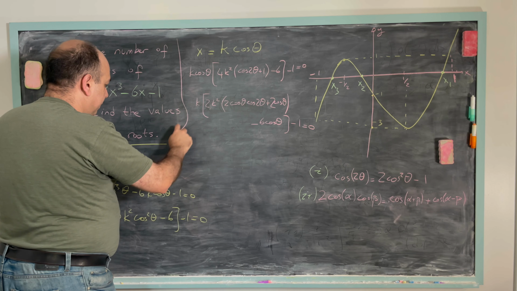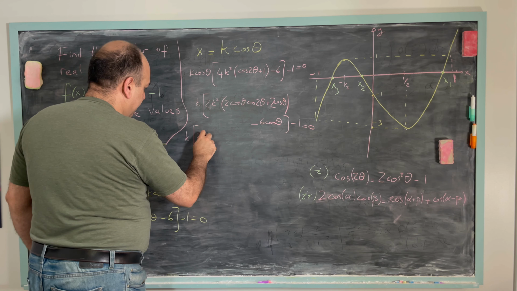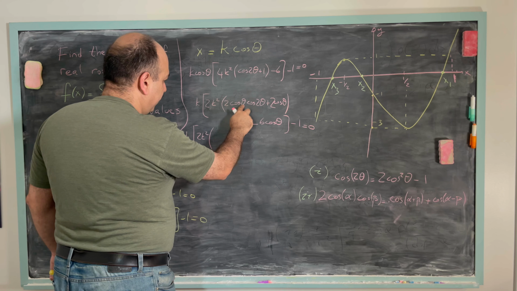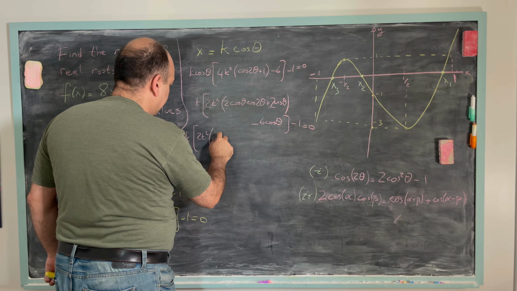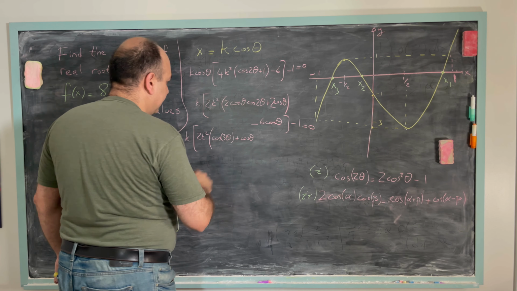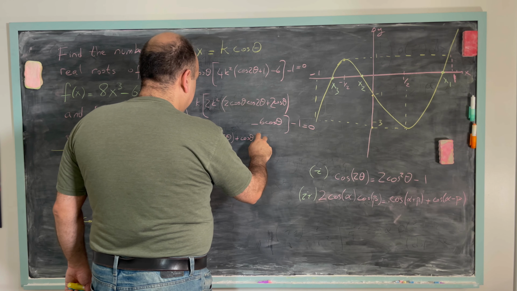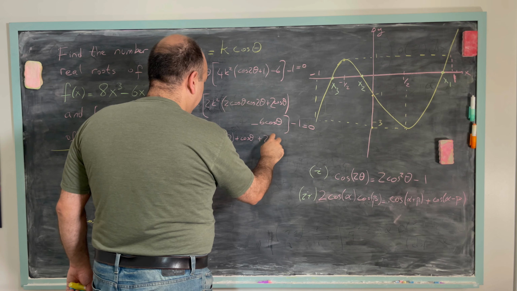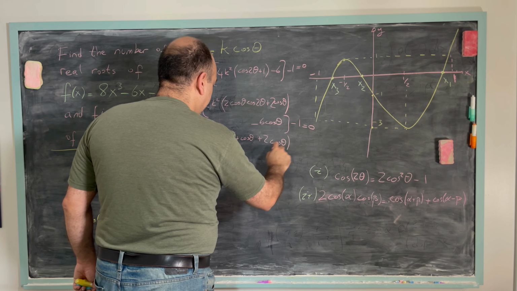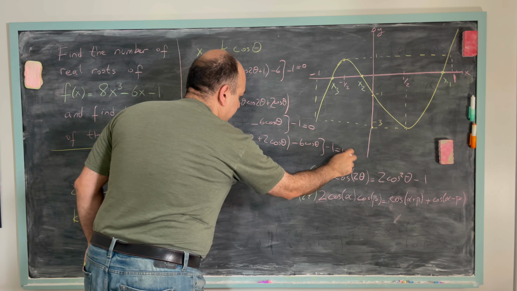So this gives me k parentheses, 2k squared parentheses, and I'll have the sum of the angles. So I'll have cosine 3 theta plus cosine theta, right? The difference, 2 theta minus theta, is theta. Cosine theta, this is good. Plus I still have 2 cosine theta. And then I'll have minus 6 cosine theta, minus 1 is equal to 0.